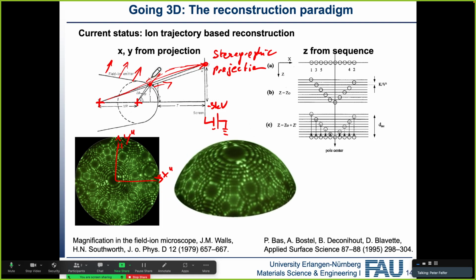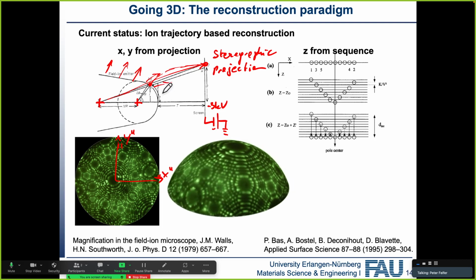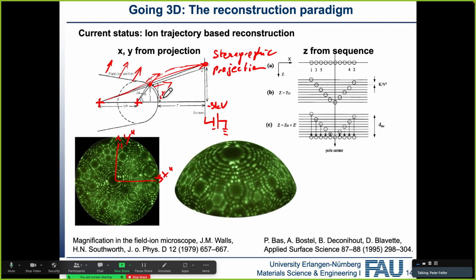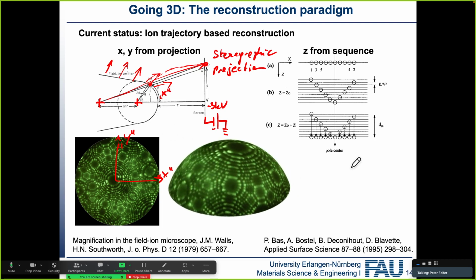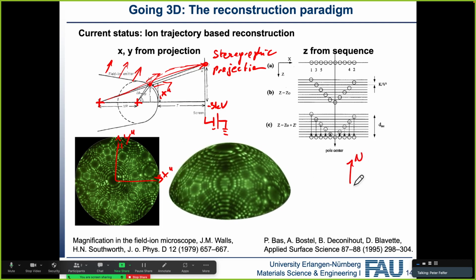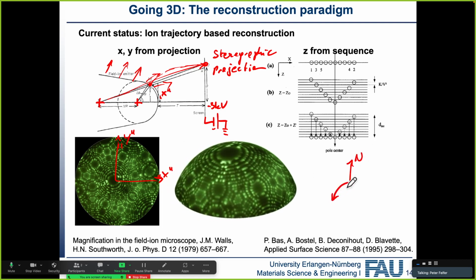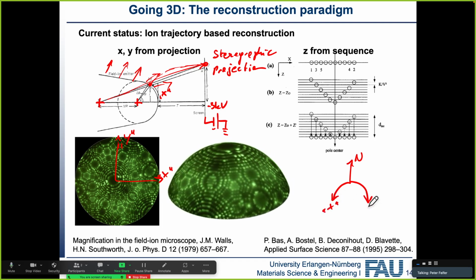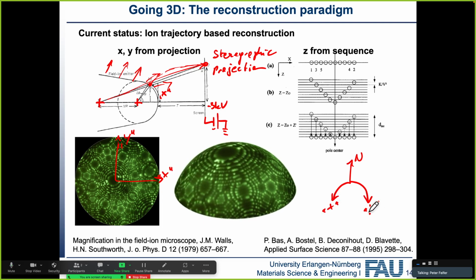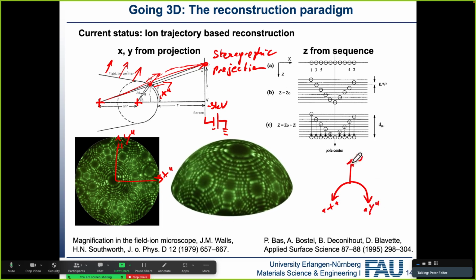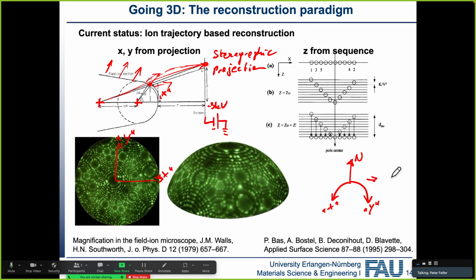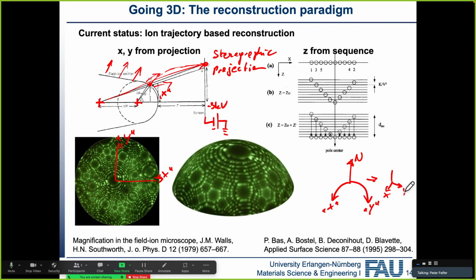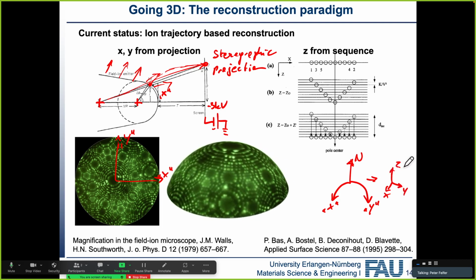And this gives us our X and Y, but really a curved XY. So our coordinate system in 3D looks like this: the number of atoms that we get, and then we have our curved X and our curved Y. And of course, we want to translate that into a real X, Y, and Z Cartesian coordinate system.